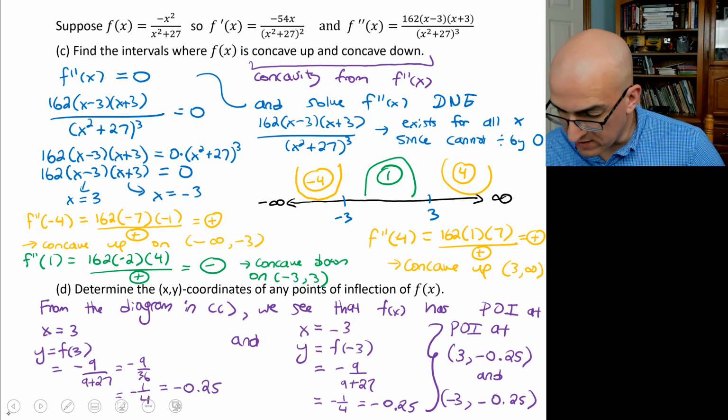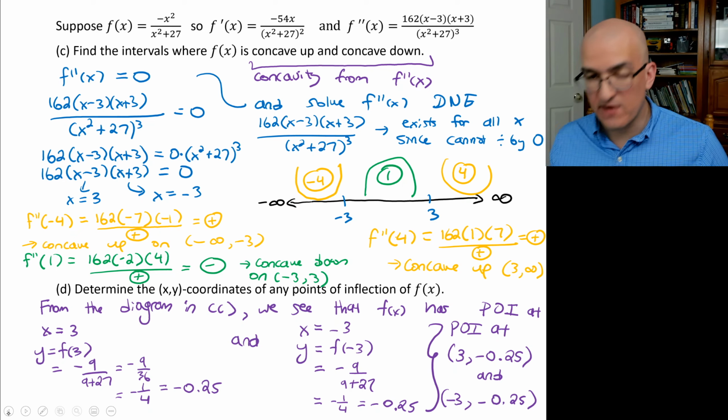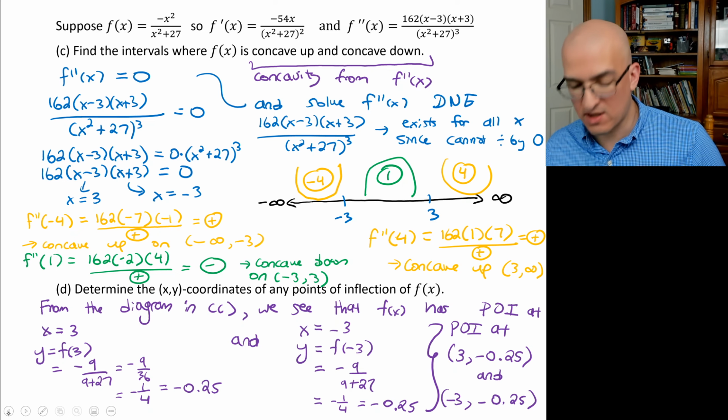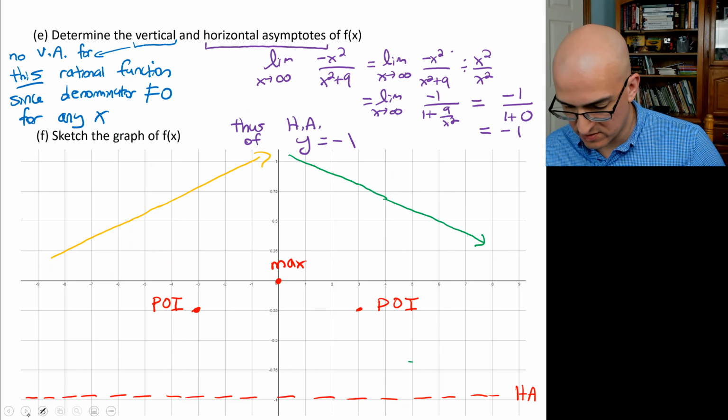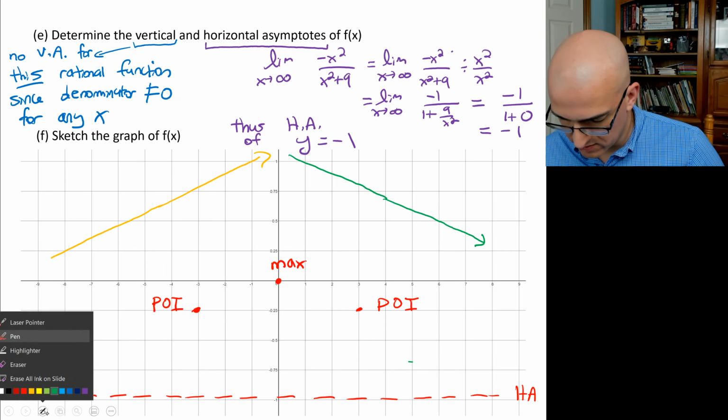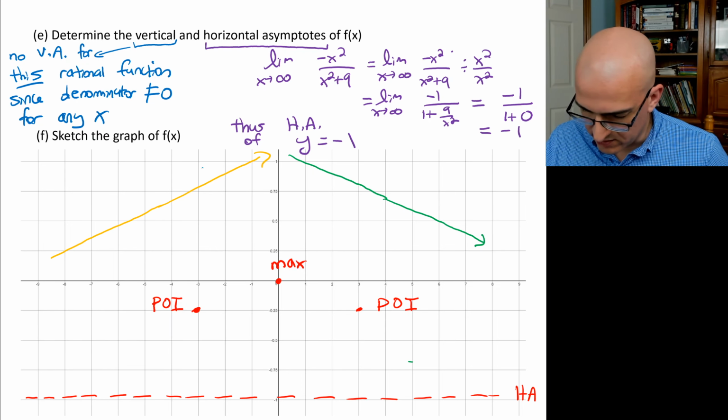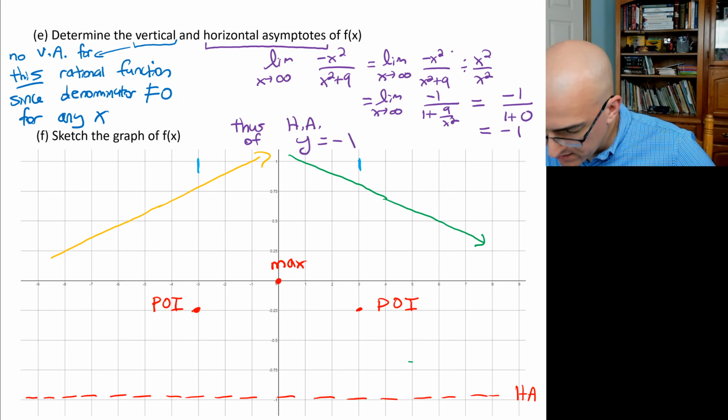Now the concavity information. It is concave up to the left of -3, and then concave down between the 3's and concave up again. So it's going up, down, and up. I have to use a different color for that. I'll use blue. So it's switching at 3.